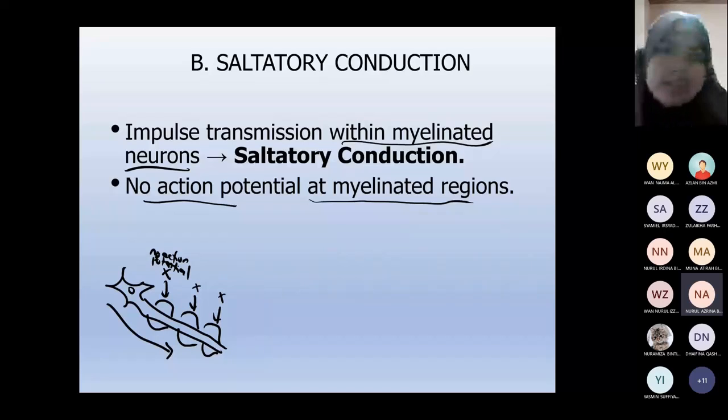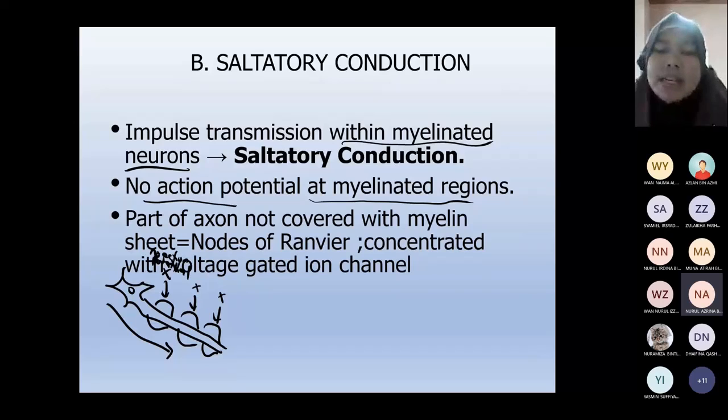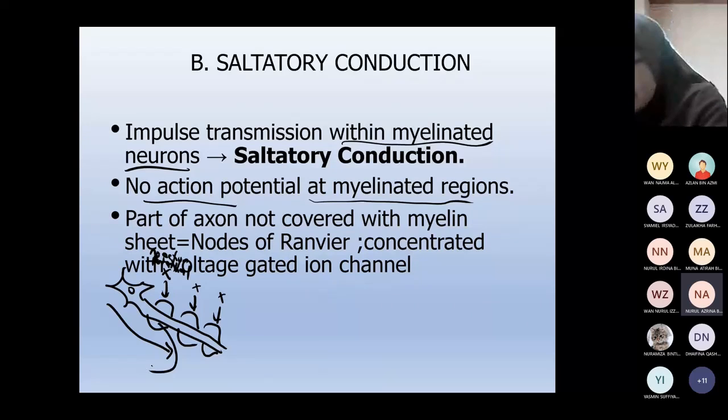No action potential. Why? Because the part of the axon that is covered with myelin sheath acts as an insulator that blocks movement of ion. So this myelin sheath blocks the movement of ions.